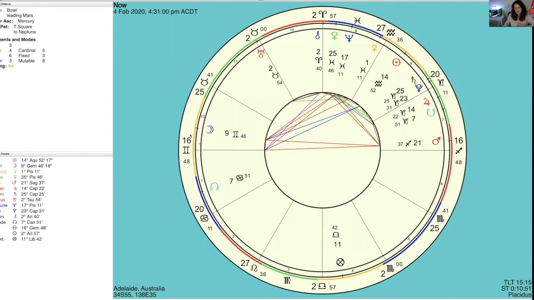So then depending on what sign is here, it depends where all these planets are going to fall, what houses they're going to fall in. And because the houses rule different aspects of a person's life, it means, for example, that this person with Gemini on the ascendant might have Mars right now in the 7th house, which means that there's going to be a lot of action and activity in this area of their life.